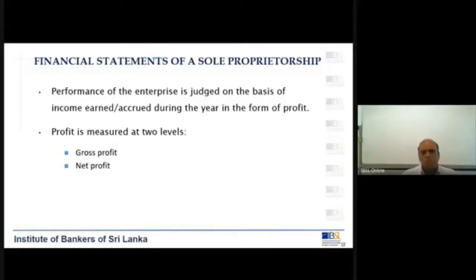But when it comes to a sole proprietorship, the profit is measured at gross profit level and also at net profit level. So it is very important that you know how to calculate the gross profit and the net profit of a business concern, especially in the case of a trading business.